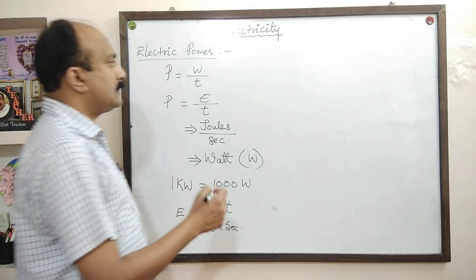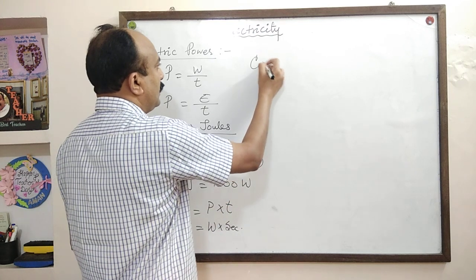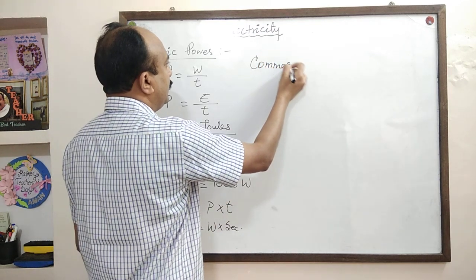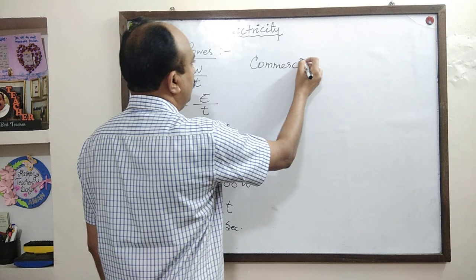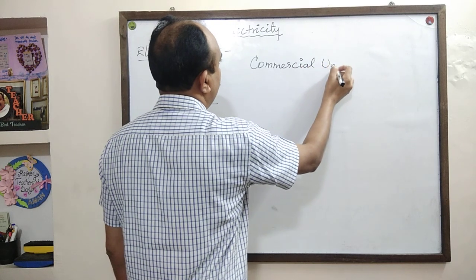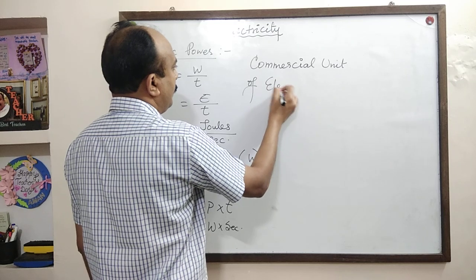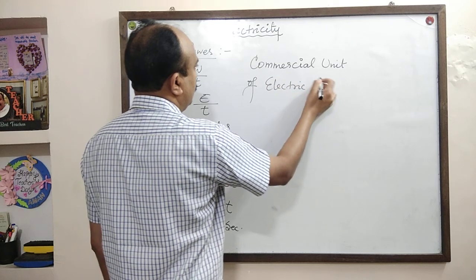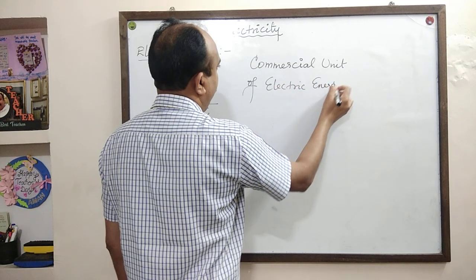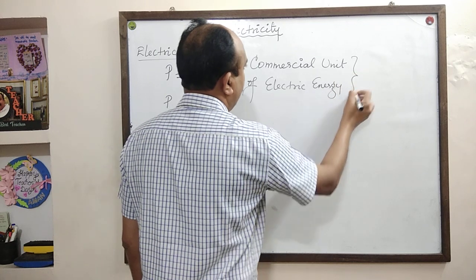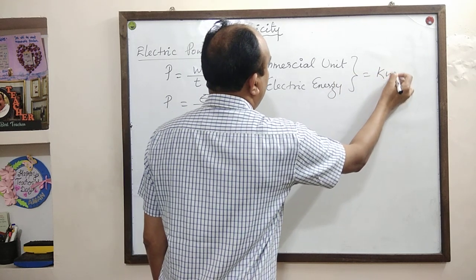Kilowatt hour. So, commercial unit of electrical energy is kilowatt hour.